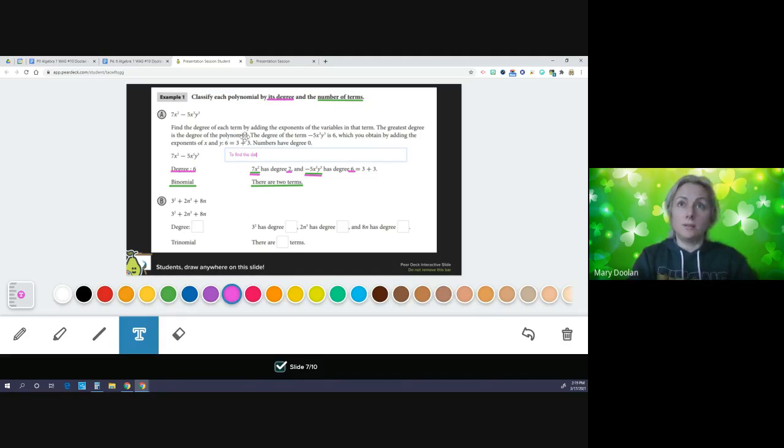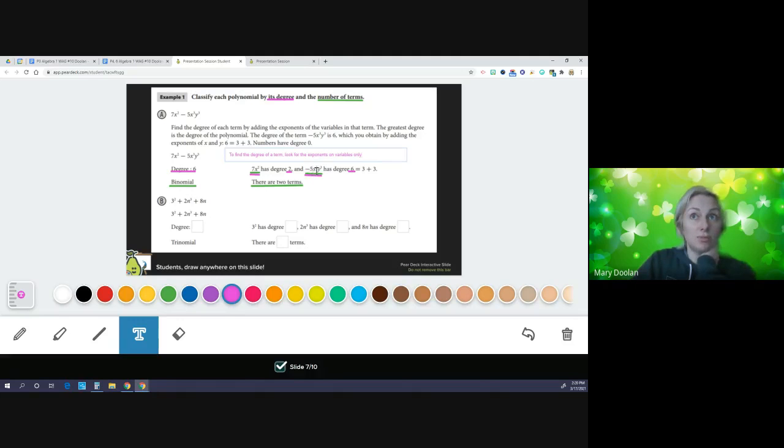To find the degree, there's the degree of a term and the degree of a polynomial. To find the degree of a term, look for the exponents on variables only. So 7x squared: x is a variable, its exponent is 2, so the degree is 2.